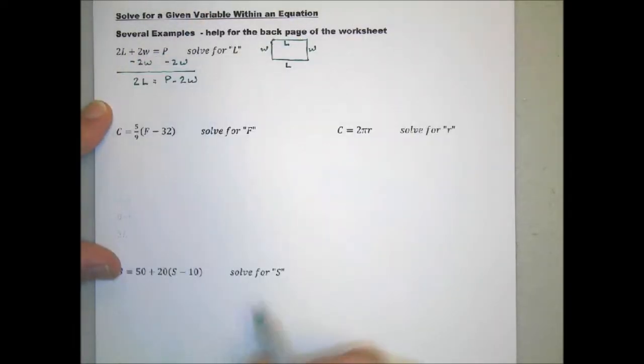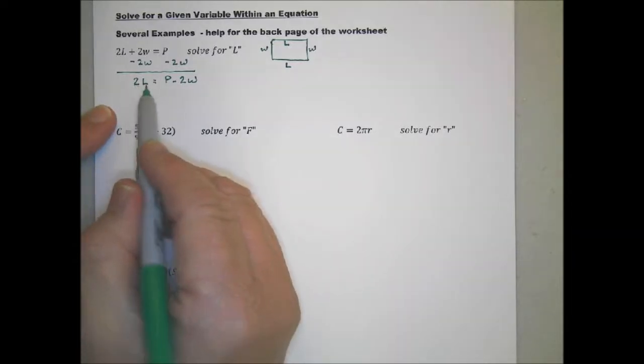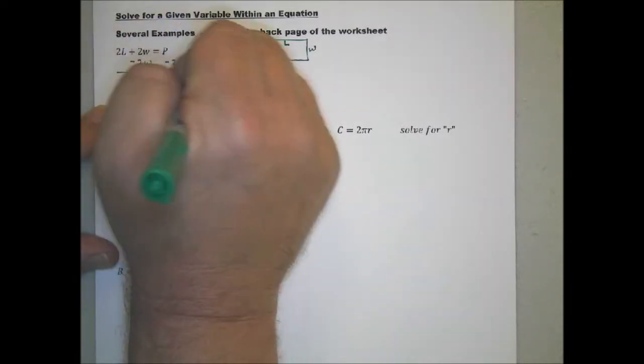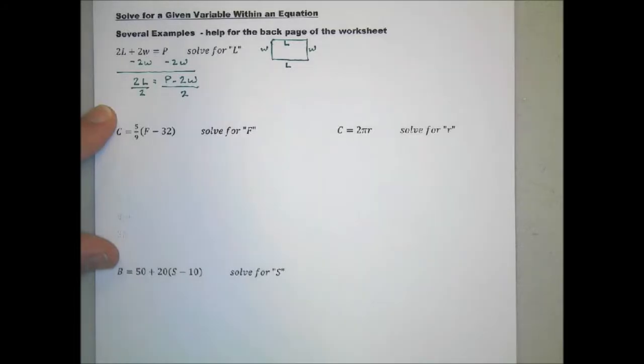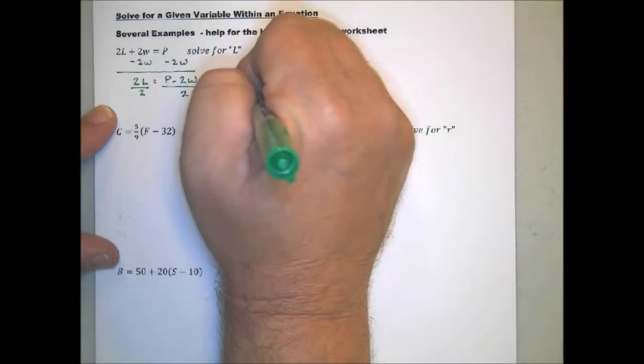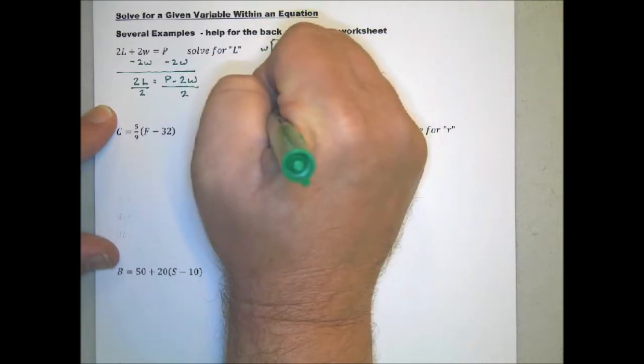And if I want to solve for L now, L is being attached to the 2 with multiplication, so we're going to reverse that process, which is divide. So I'm going to divide both sides by 2. And I'm going to come up with an equation that simply says L equals P minus 2W over 2.